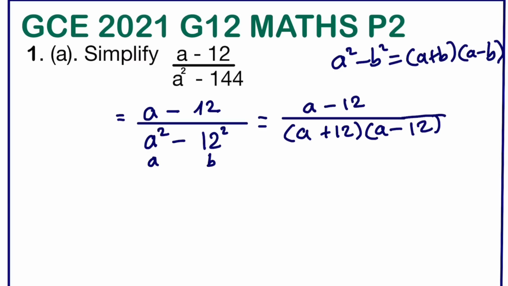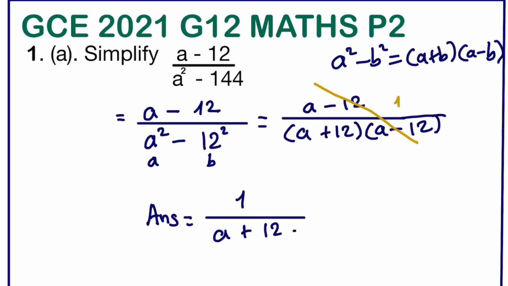So if we simplify, we can see this and this will cancel out. We'll be left with just 1 here. So our answer for this question will be equal to 1 over a plus 12.